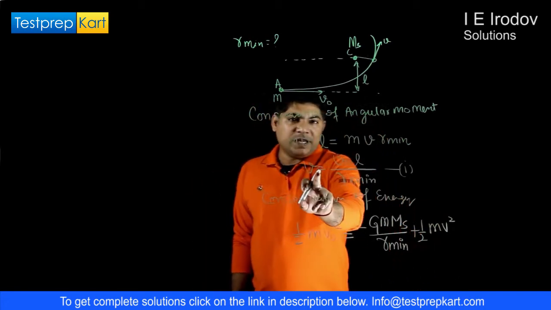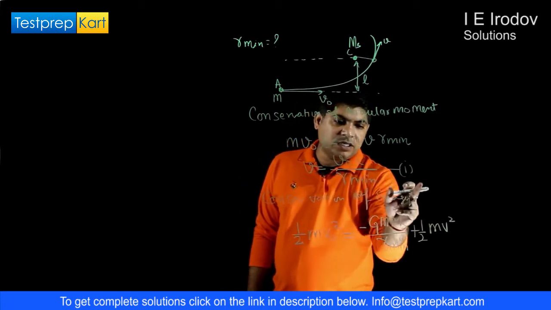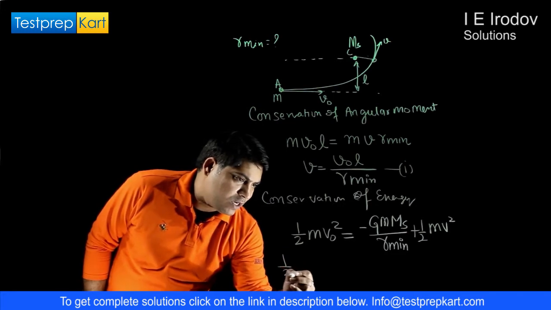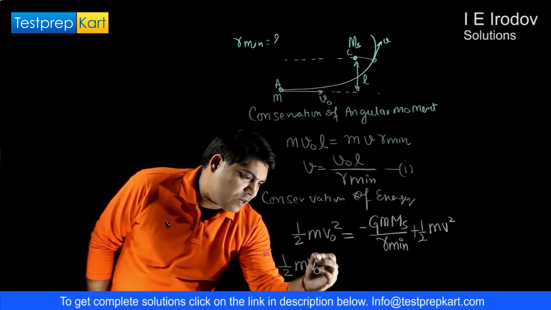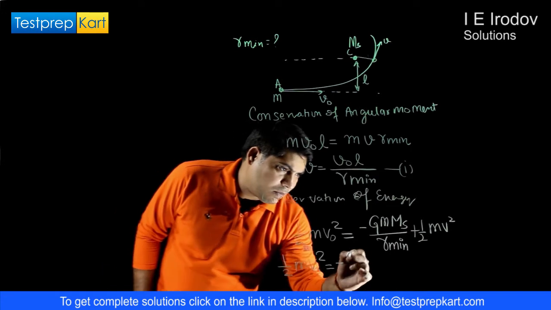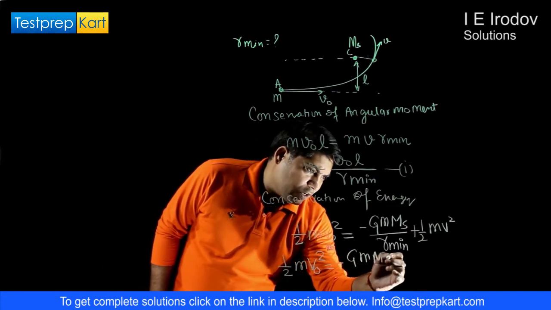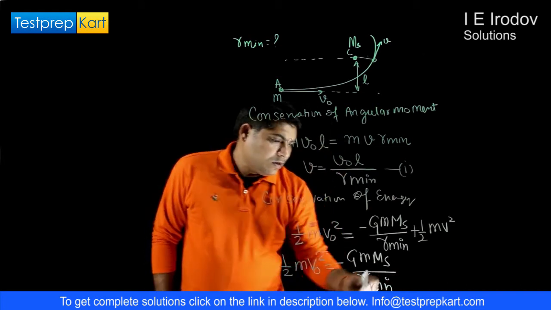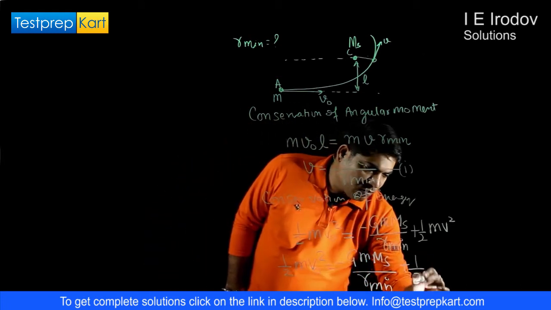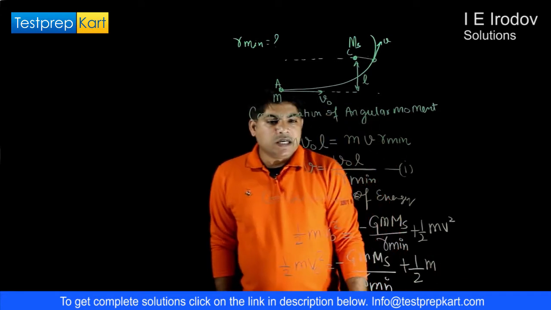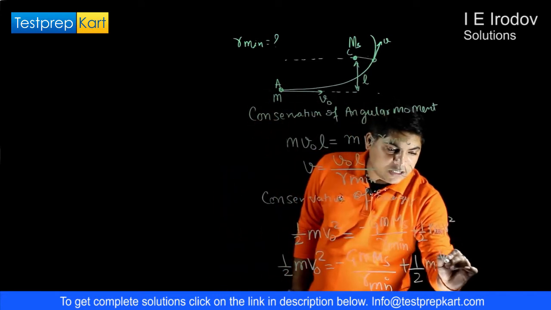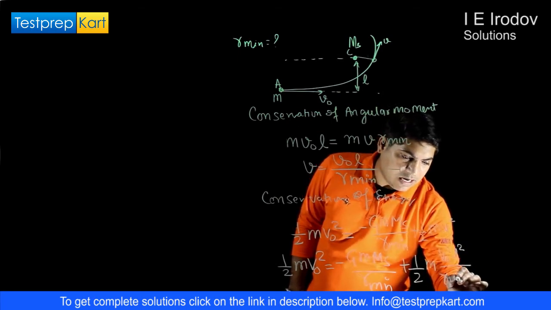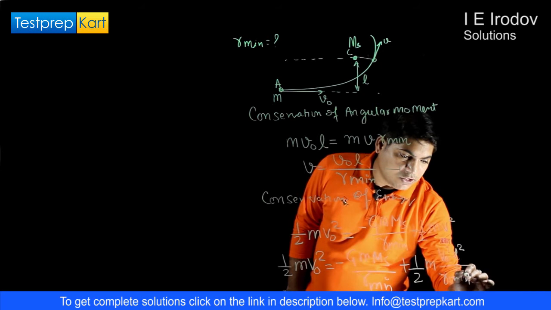Now we can substitute the value of v from equation number 1 in this equation. So we'll get 1 over 2 m v naught square equals minus G m mass of sun upon r minimum plus 1 over 2 mass of the object into v naught square L square upon r minimum square.